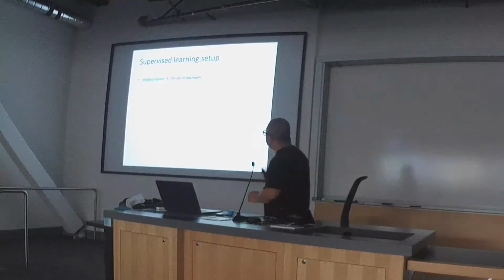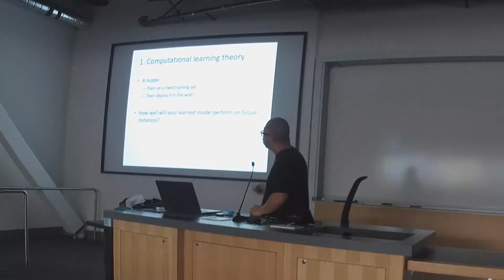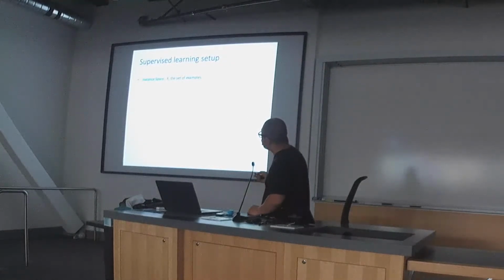Right? So now let us introduce a few notations in a supervised learning setup when we try to formulate this question. First, in supervised learning, we have instance space X, and we introduce concept space C to denote the type or the family of target functions.